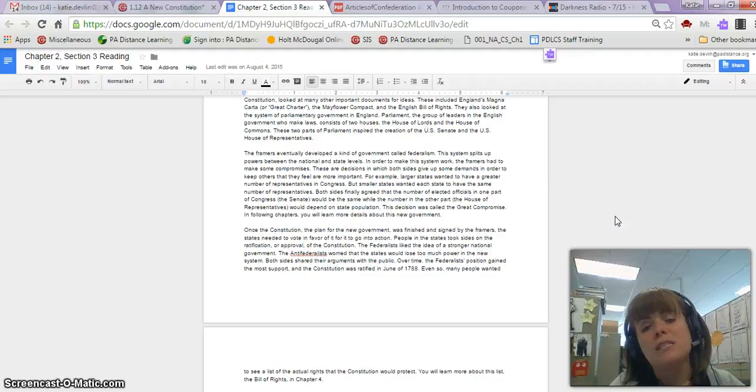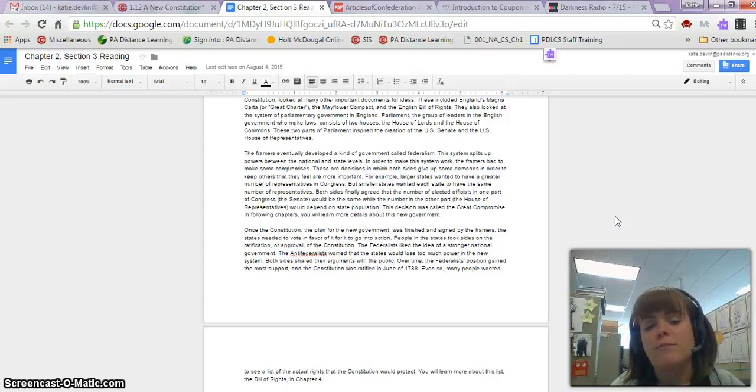In order to make the system work, the framers had to make some compromises. These are decisions in which both sides give up some demands in order to keep others that they feel are more important. For example, larger states wanted to have a greater number of representatives in Congress, but smaller states wanted each state to have the same number of representatives.